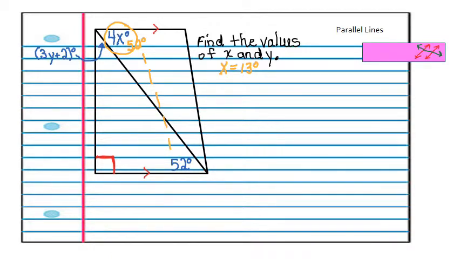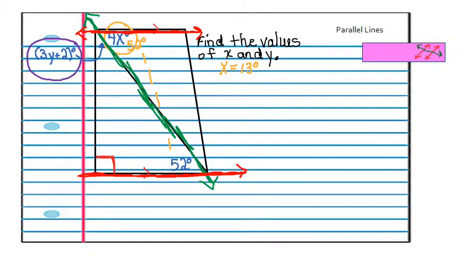But now we have to go find y, and y is going to present a unique problem inside here, because although we have this transversal going right down the middle here, and we have these nice 2 little parallel lines, the angle that they're referring to over here, this angle right inside here, is not exactly the whole angle that's right here.